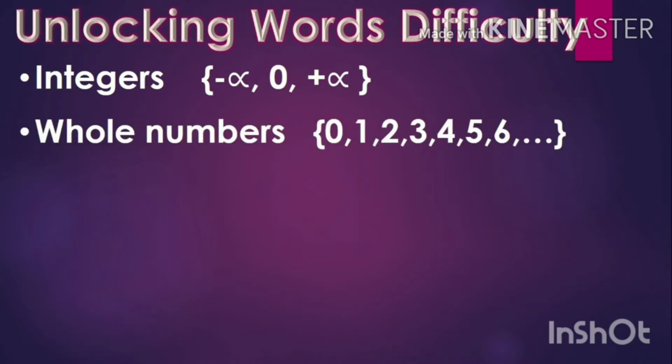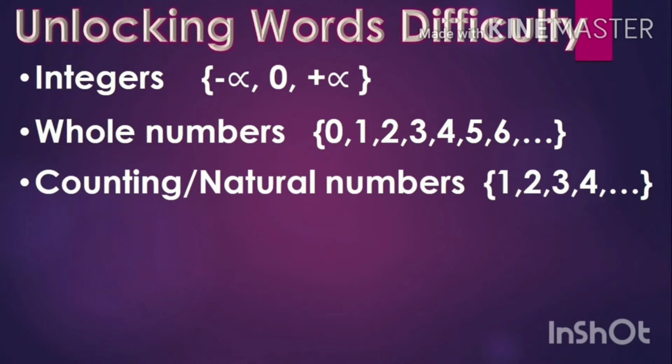Next, whole numbers. When we say whole numbers, it is a set of numbers that includes zero and counting numbers. Counting and natural numbers. It is a set of integers that always start at 1 to positive infinity.